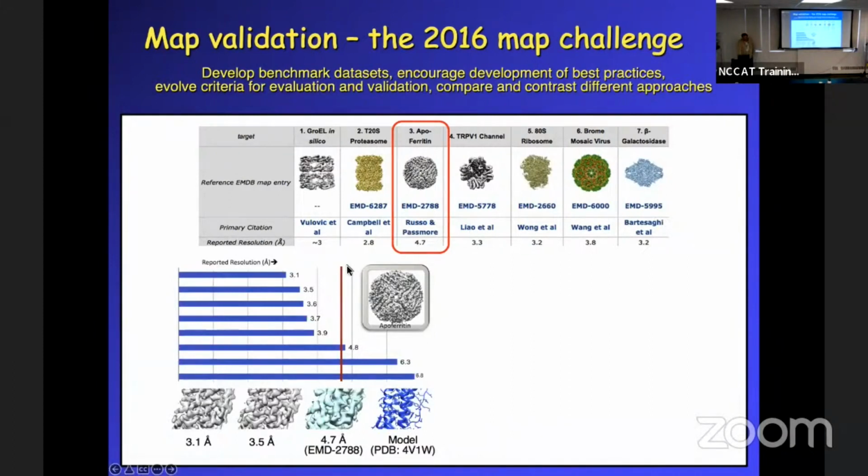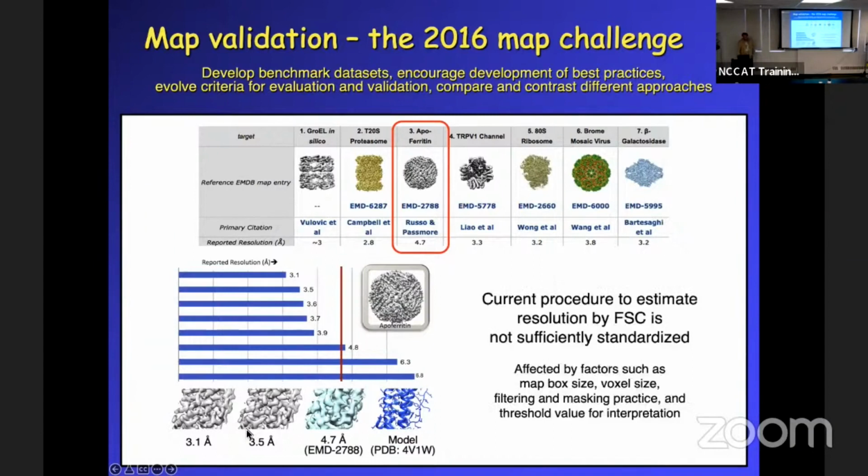One map was pretty much the same resolution as the original one, 4.7, but most of the maps became much better, between 3 and 4 angstrom. And so one thing that they noticed is that when they looked at the map at 3.1 angstrom, which is this one here, and they looked at the map at 3.5 angstrom, which is this one here, there's no difference that you can see. It's exactly the same density.